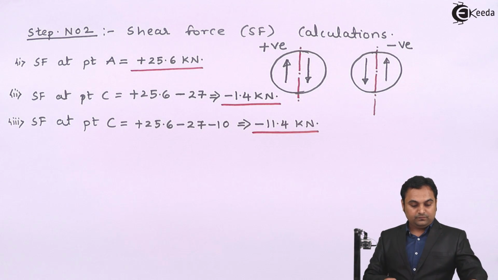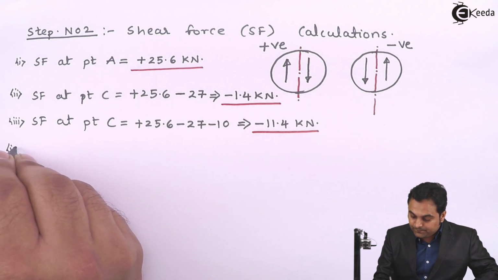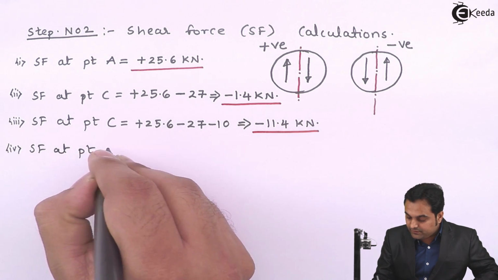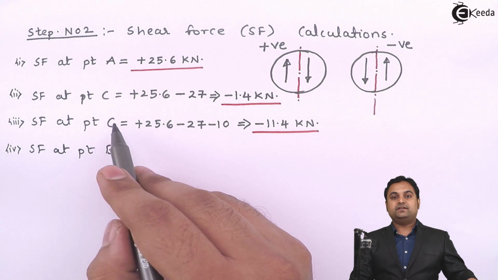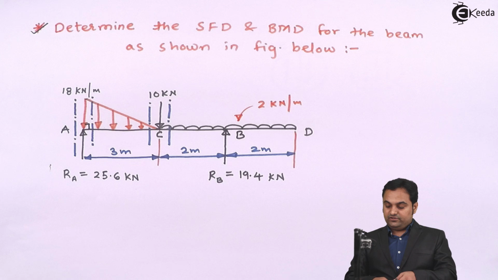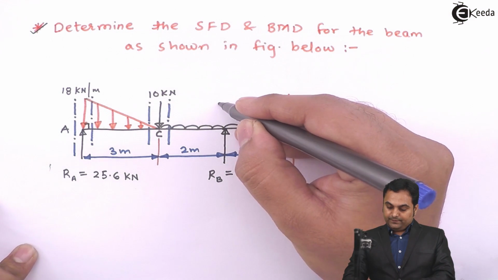Then after getting SF at point C, SF at point B is equal to, now we see that the shear force at point C has two values. Similarly for B, I'll first take the section to the left of B.